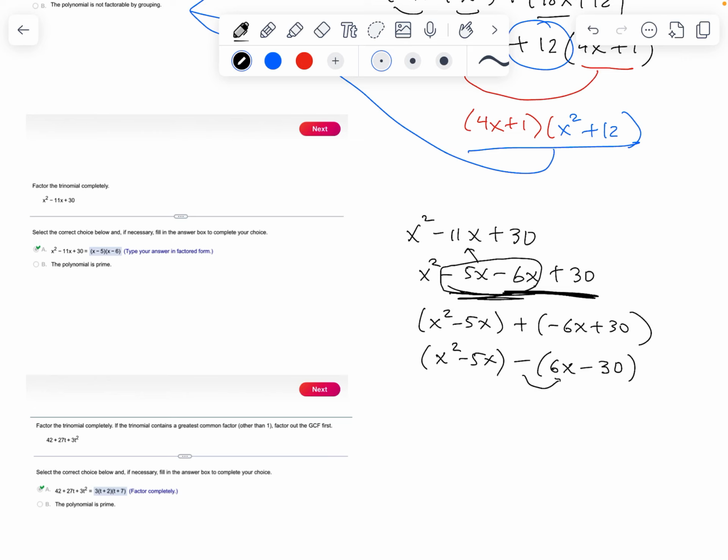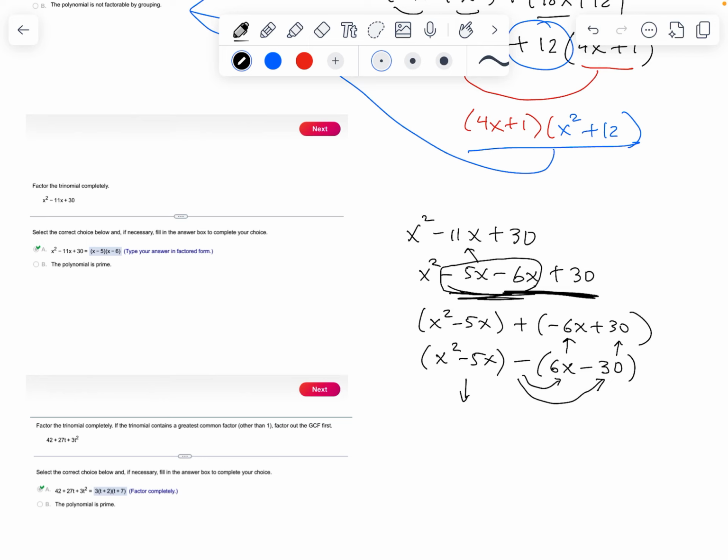That way, if I multiply -1 times 6x, it'll give me -6x, which is this. And -1 times -30 will give me +30. So when you're pulling a negative out, it should change the sign of every term inside that parenthesis. Just something to keep in mind.